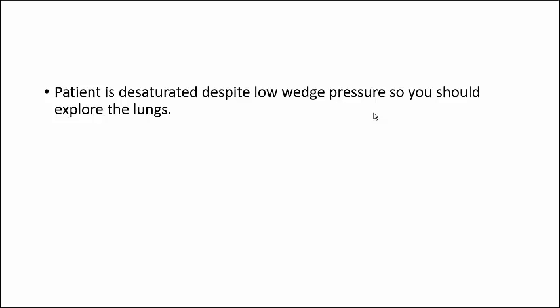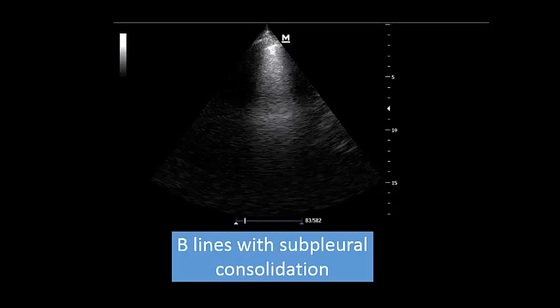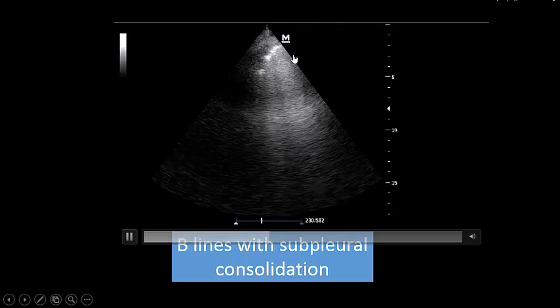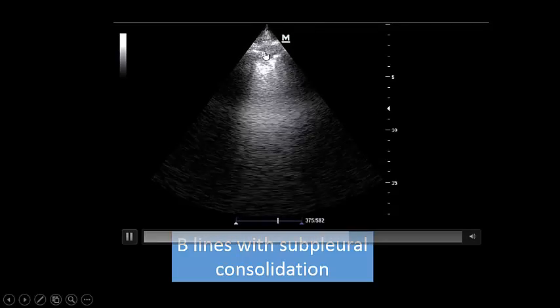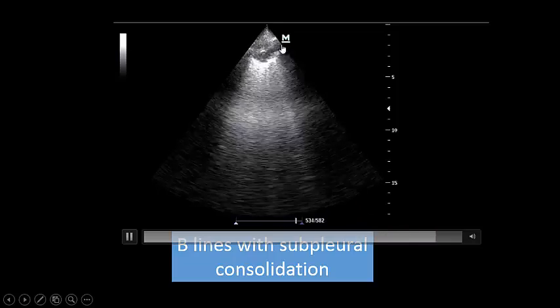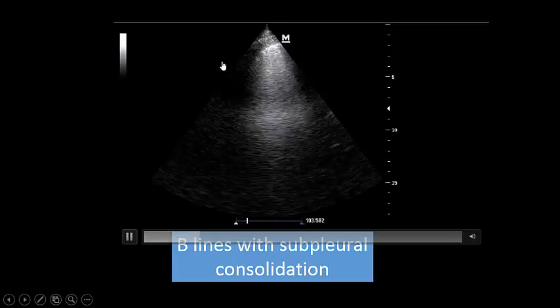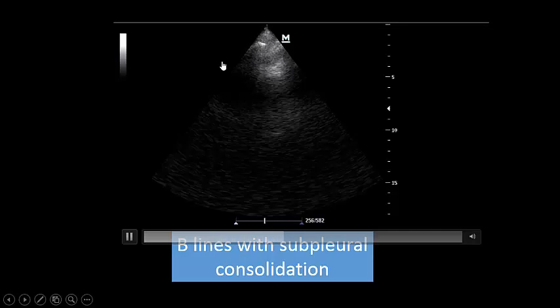You can review. According to this protocol, if we find a narrow inferior vena cava and low wedge pressure in a dyspneic desaturated patient, we should explore the lung as a cause of dyspnea and desaturation. Here is the lung of the patient. Lower lobes, a lot of dirty pleura, subpleural consolidations, B-lines, sick pleura, going with chest infection.